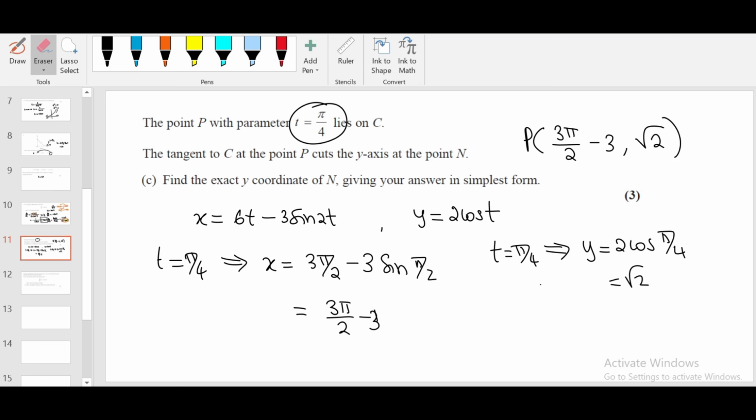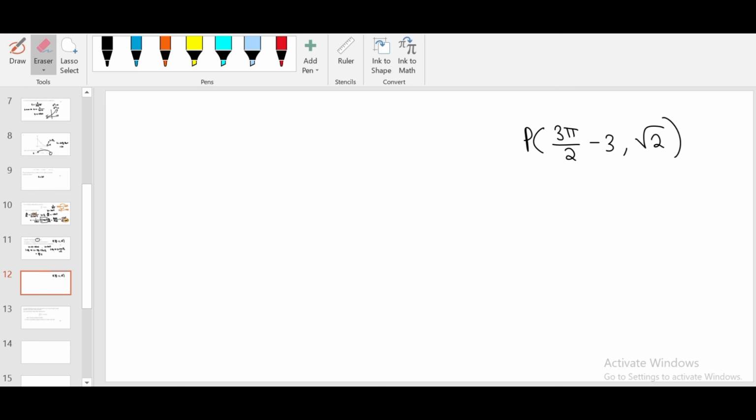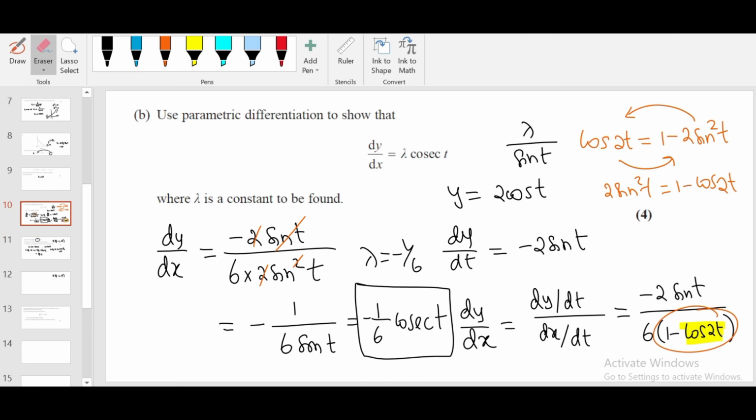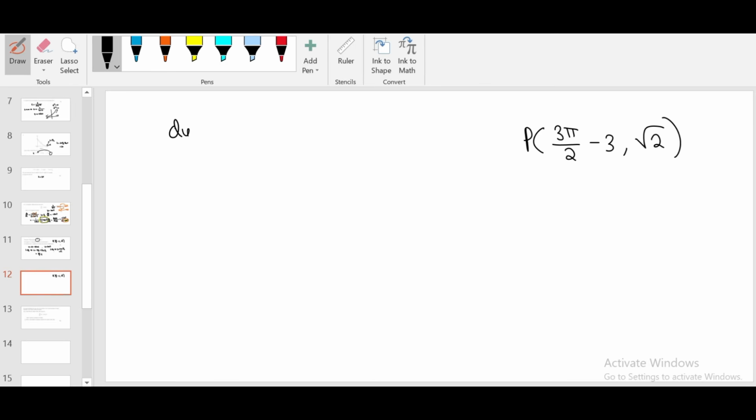That's the point. And we have dy by dx, so you can find the slope now. I'm going to take the dy by dx from here. It's minus 1 over 6 cosecant t. Dy over dx is equal to minus 1 over 6 sine t.